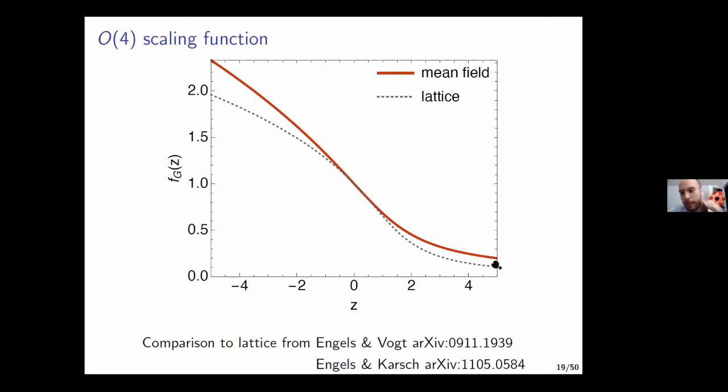So that's maybe a more precise input. But you see that the mean field captures the right behavior. So in the vicinity of the critical temperature, we actually agree exactly with the lattice. And if you go further out, for larger and smaller than the critical temperature, there's at least qualitatively the right behavior.